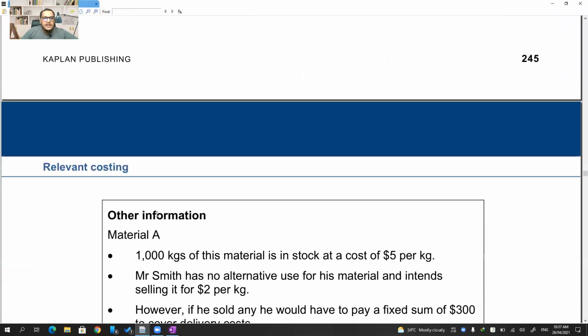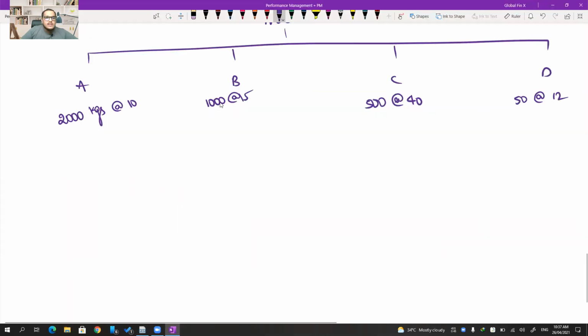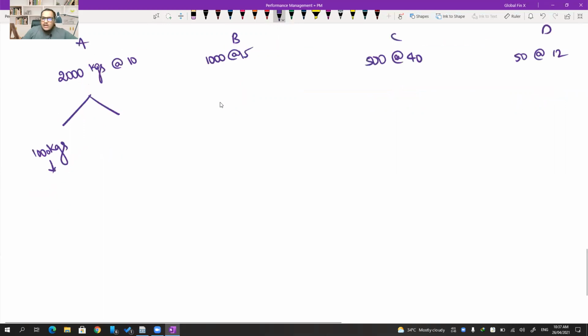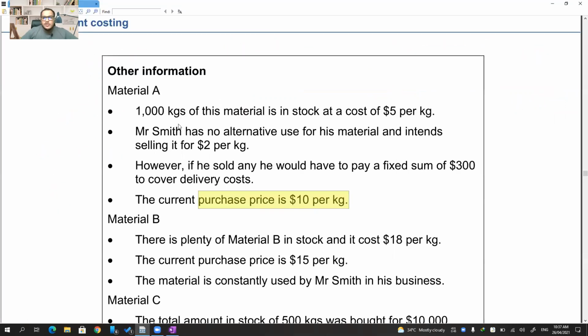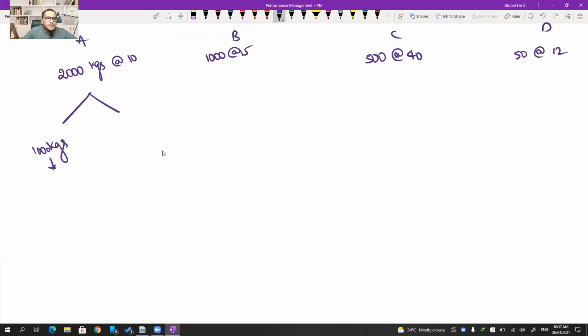Now coming to raw material A, they're telling you 1,000 kgs is already in stock, and this does not have any alternative usage, so there is no loss to contribution. You can sell it for $2 per kg. So scrap value is equal to 1,000 into 2, $2,000 minus delivery cost of $300.